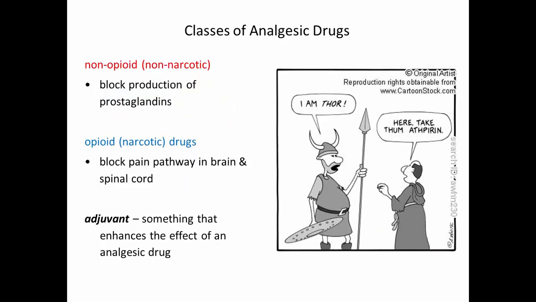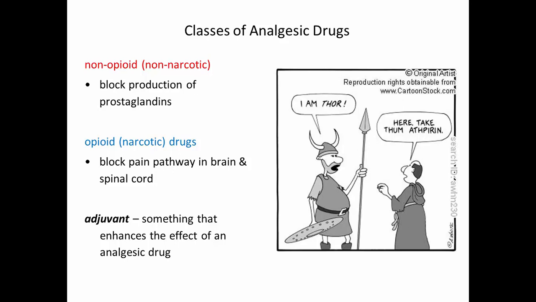There are essentially two classes of analgesic drugs. There are analgesic drugs that are opioids or narcotic drugs, and there are ones that are not opioid or non-narcotic drugs. And the two of them work in different parts of the pain pathway. So non-opioid or non-narcotic analgesic drugs block the production of prostaglandins that are going to stimulate our pain receptors.